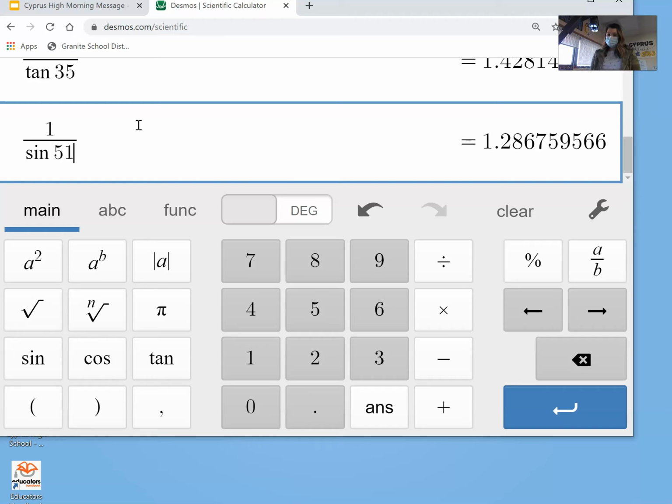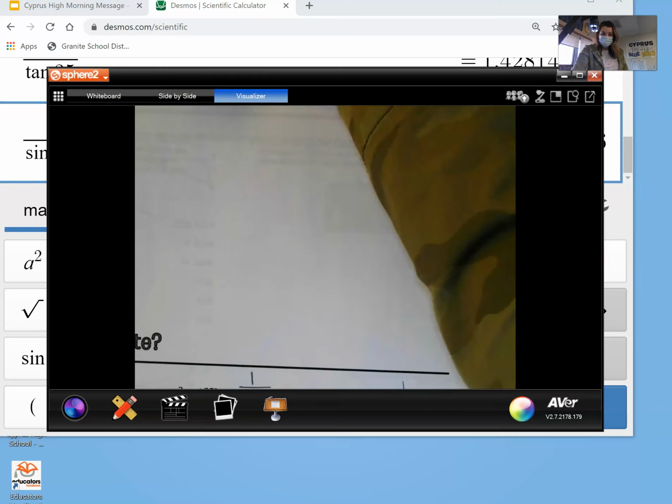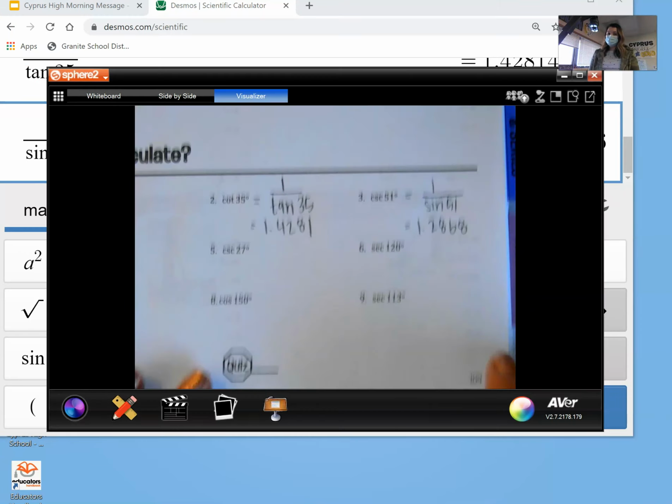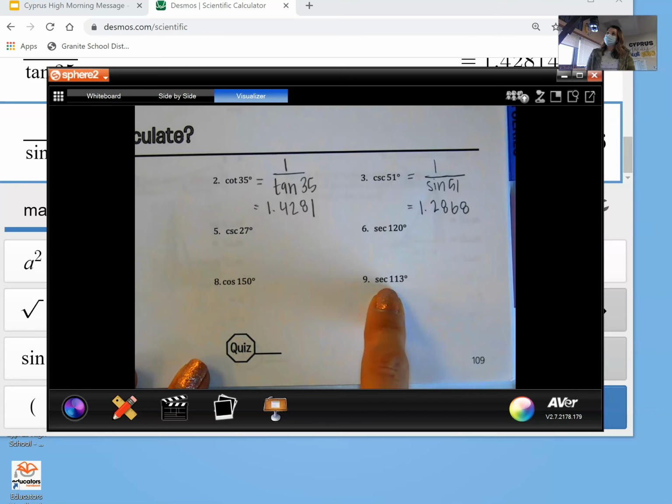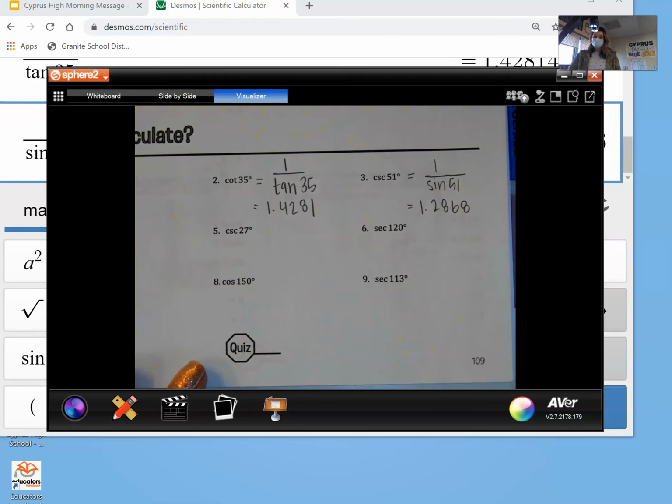So 1.2868. So these ones that it will not do for you, you have to change them to their reciprocal. Do you understand what you're doing? Okay, you guys try those.